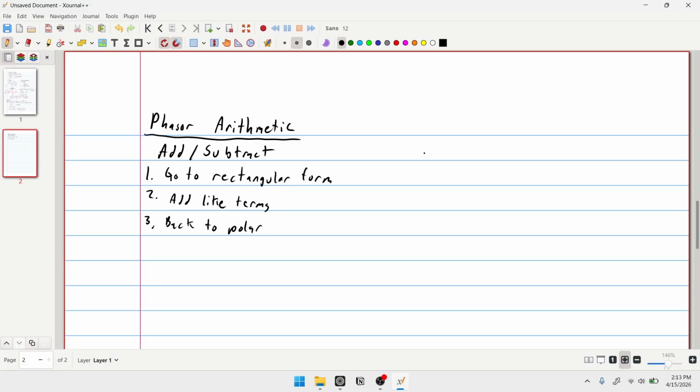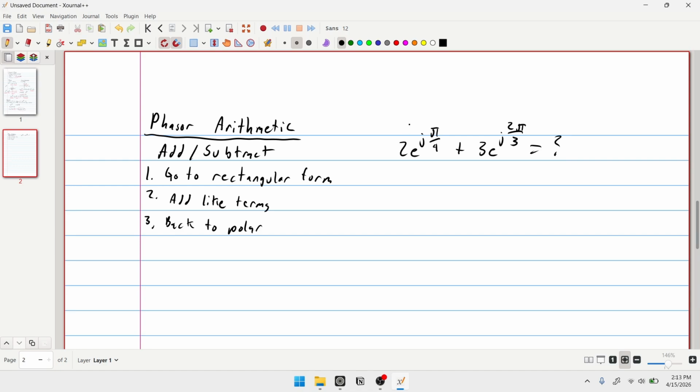So let's say we have 2e^(jπ/4) plus 3e^(j2π/3). We want to add these into whatever the result is.